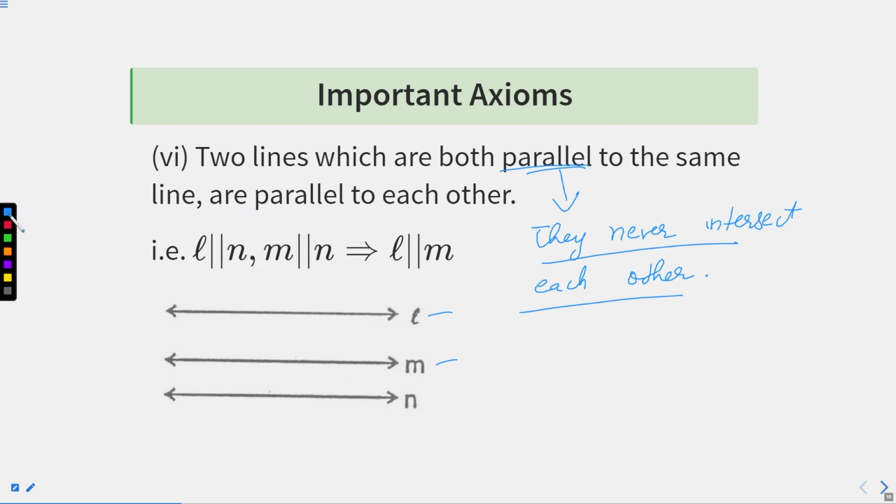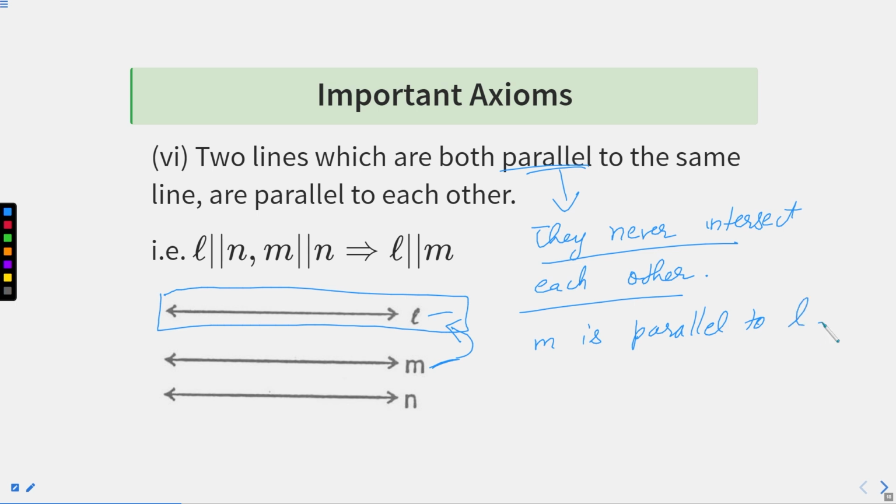This means if I have a line L, and I have another line M which is parallel to L, in mathematics we write: L parallel to M, or M parallel to L.